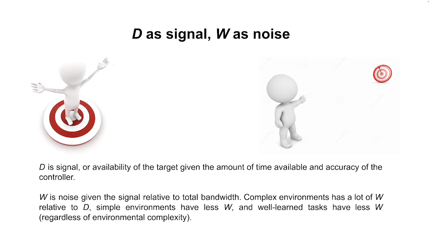Now you have to be accurate, so you have to have an initial prediction of where it is and make that ballistic movement. If you're not accurate, then you need to make adjustments. In the case of throwing a dart, you just miss your target and you lose. The other factor is the amount of time available.